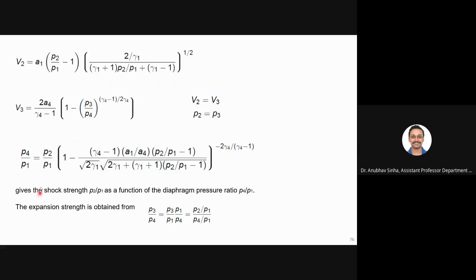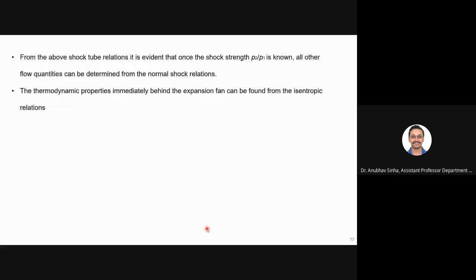Once you have this relation, you can also obtain expansion strength, which is P3 by P4, using this expression. So whatever we have seen so far, shock strength P2 by P1 is known. We can get other flow quantities. This is what we mentioned initially, that once we find this, other quantities can be obtained from normal shock relations.